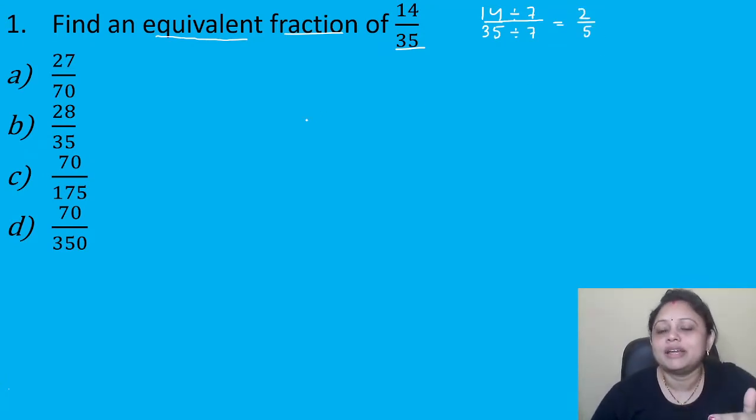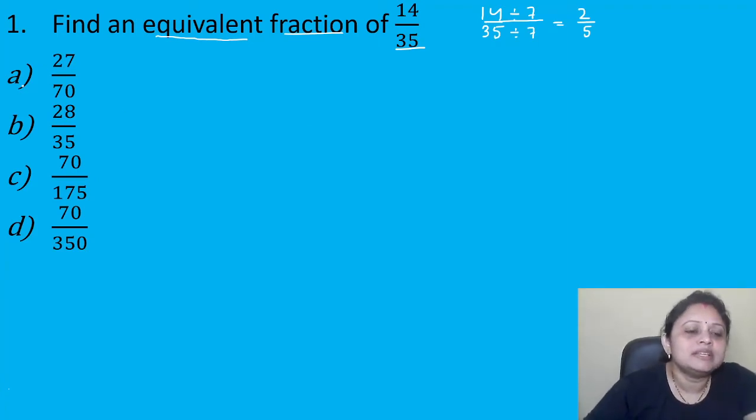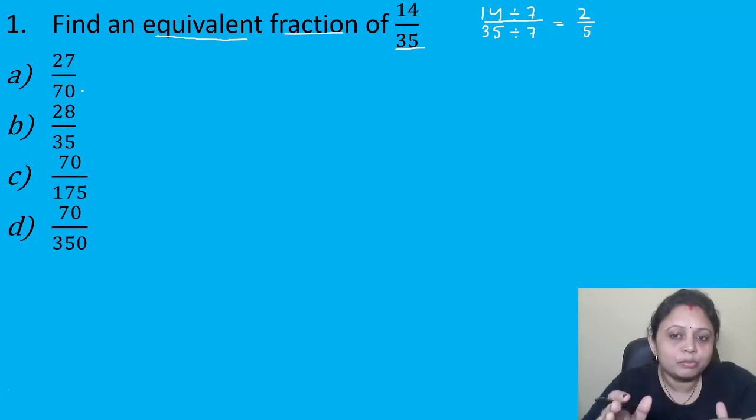Now we have to find out the equivalent fraction of 2 by 5. First one is 27 by 70. See, we cannot simplify 27 by 70. Here the HCF is 1, so we cannot simplify it. So how do we compare 2 by 5 and 27 by 70, whether these are equivalent or not?